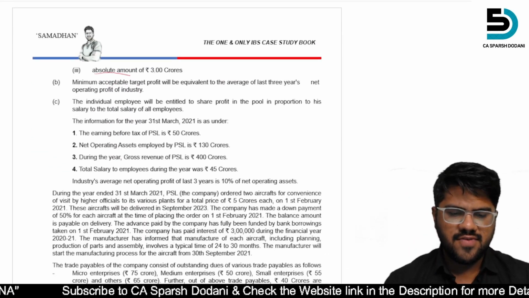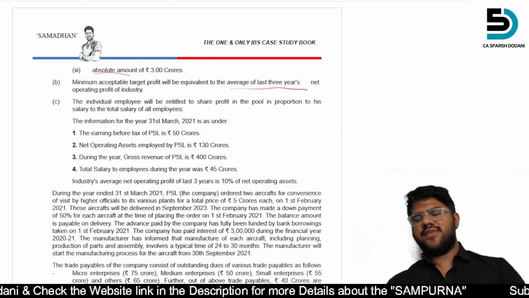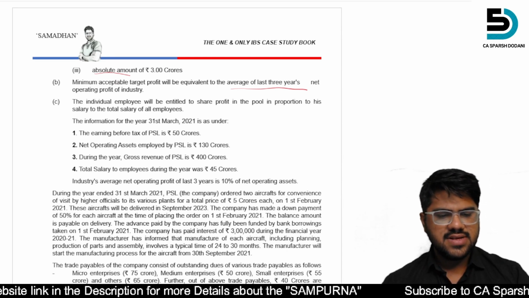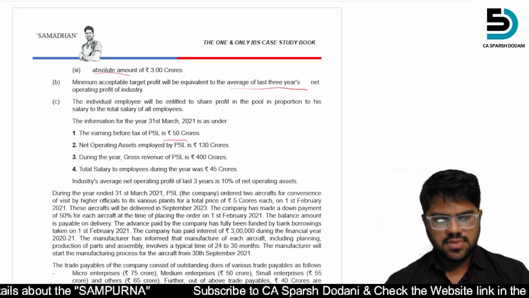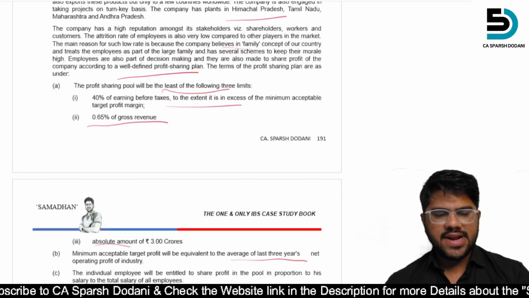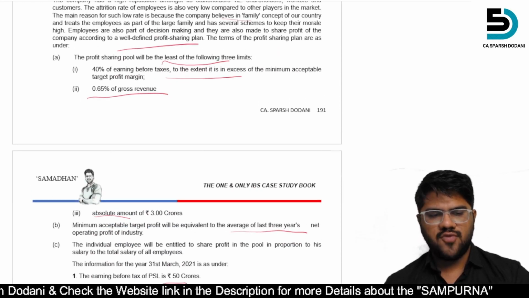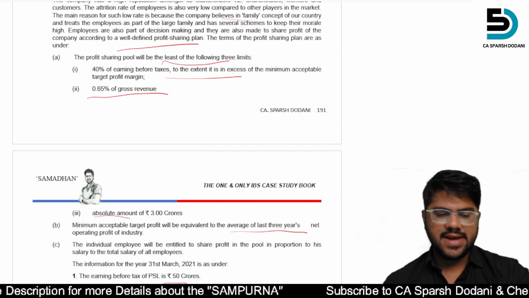Minimum acceptable target profit will be equivalent to the average last 3 years net operating profit of the company. So they have given the minimum acceptable profit. So the earning before tax is given, that is 50 crores. ठीक है. अब बेसिकली एक बात समझ लो, पहले पॉइंट का अपन कैलकुलेशन कर लेते हैं. 50 crores का 40%, what it would be, 20 crores.